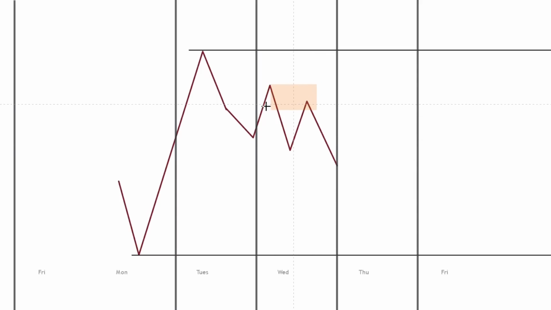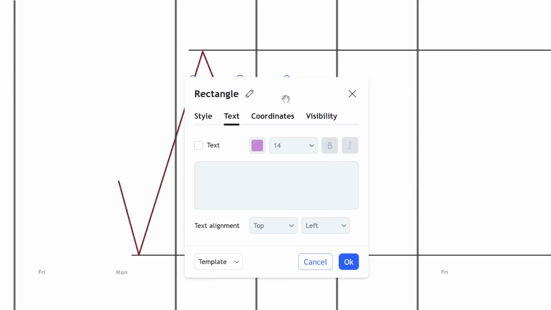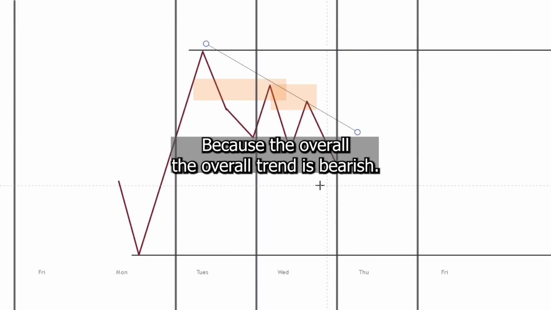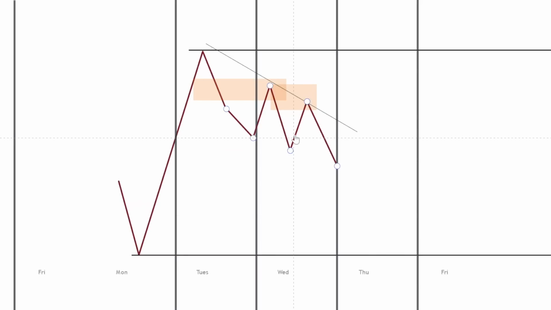Here you have your order block traders and your breaker traders, and you have your retail trend line traders taking a sell here. Why? Because the overall trend is bearish, so traders are being incentivized to take a sell.